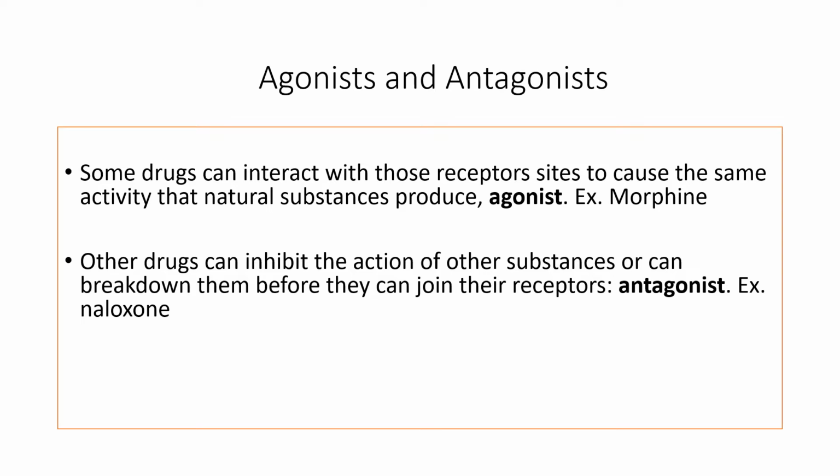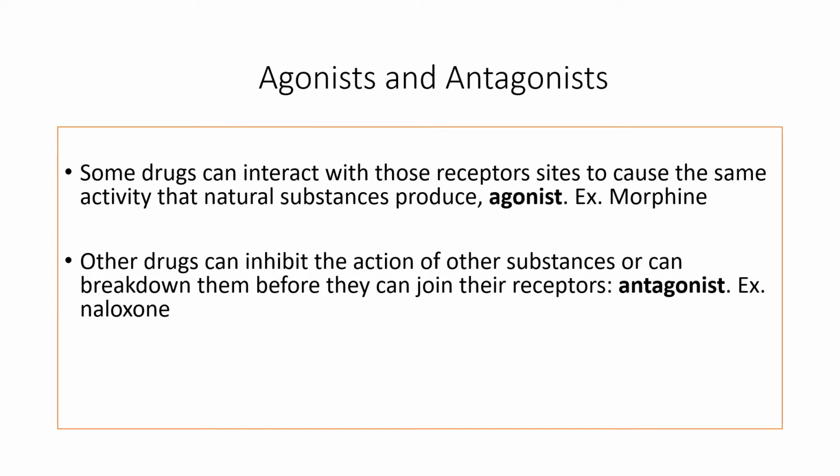This is the case of the morphine that acts in the receptor that normally receives the endorphins that are produced by the organism, stimulating those receptors. By the contrary, an antagonist is a chemical substance that when interacting with the receptor is going to block the activity that produces the receptor.